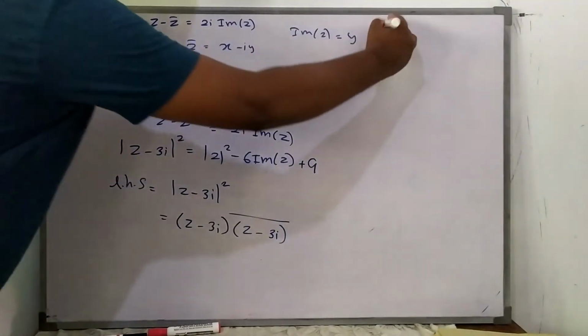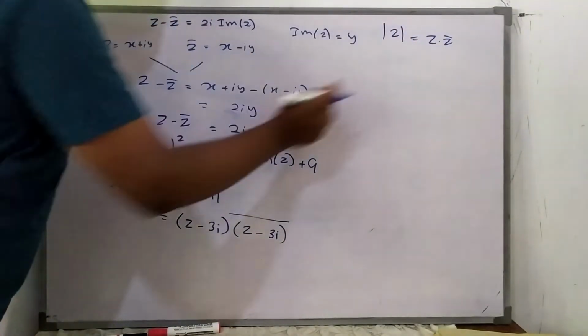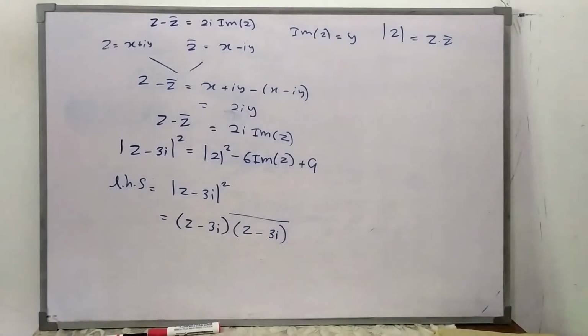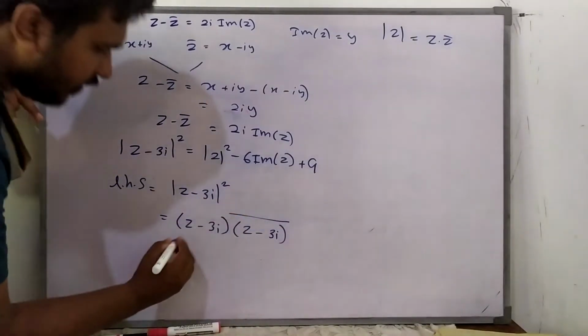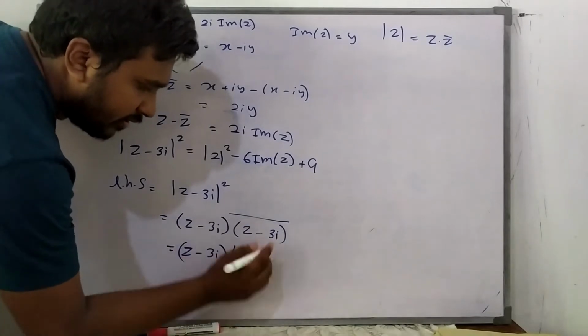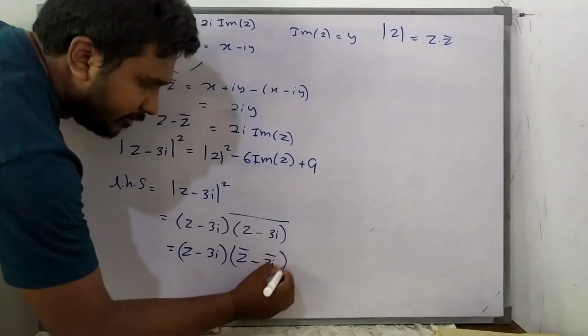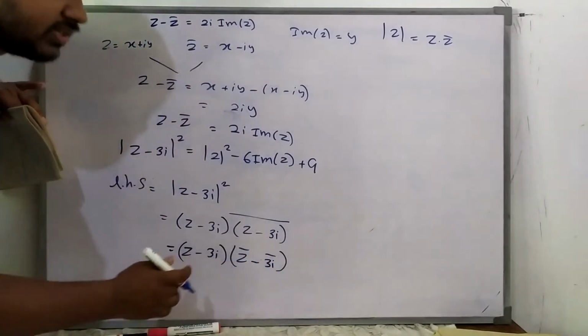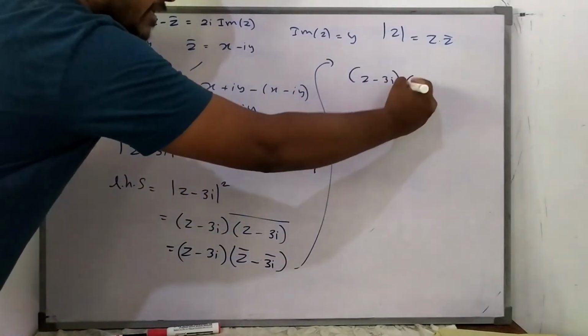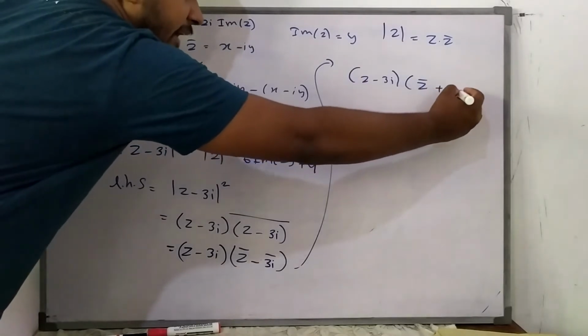Because you know modulus z squared means z into z bar, no? Therefore the modulus squared of z minus 3i is equal to z minus 3i into z minus 3i conjugate. Therefore this whole conjugate will be z bar minus 3i bar, right? So what is that? Bar means z bar plus 3i, no?